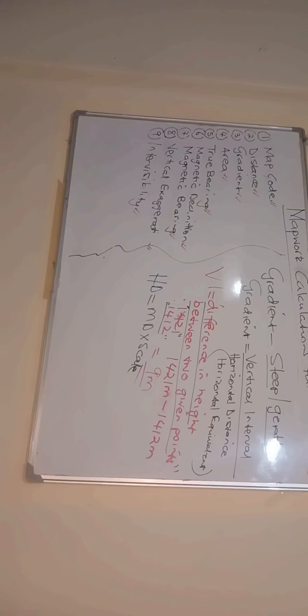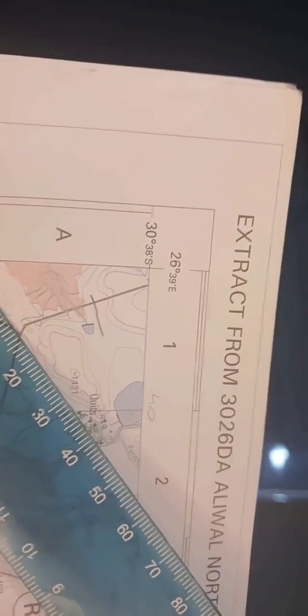The horizontal equivalent is the distance between the two spot heights, 1412 and 1421. We measure it using the map distance multiplied by the scale. That's the formula.